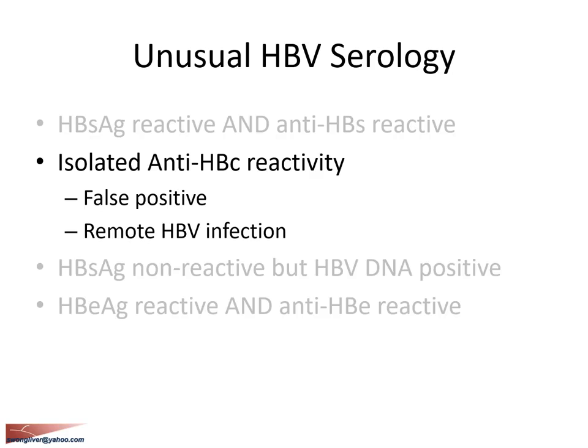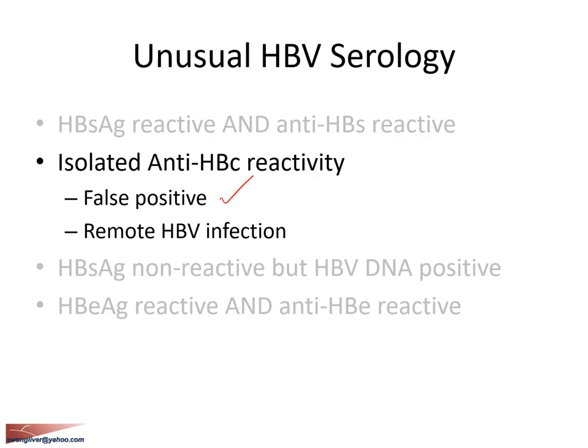So what else? You can have isolated anti-HBc reactivity. In countries where hepatitis B is not very common, usually it might be a false positive result, especially in patients with other autoimmune diseases. But in endemic countries such as ours, usually it's because of a remote Hep B infection.